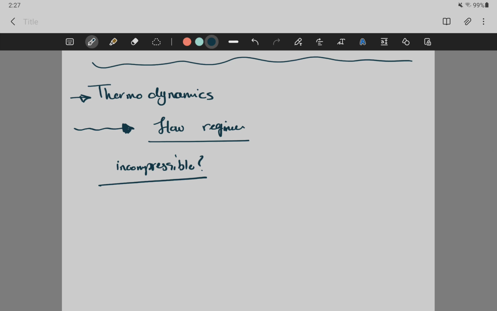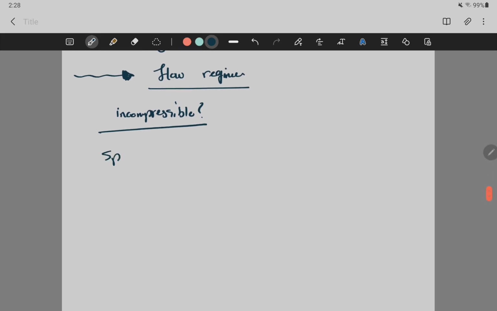To answer this question, what you need to know is what incompressible flow is. What are the specifics of incompressible? So what does it mean for a flow to be incompressible? That Mach number less than 0.3. That's a cutoff number. But what happens to the flow when Mach number is less than 0.3, right? The specific volume remains unchanged.